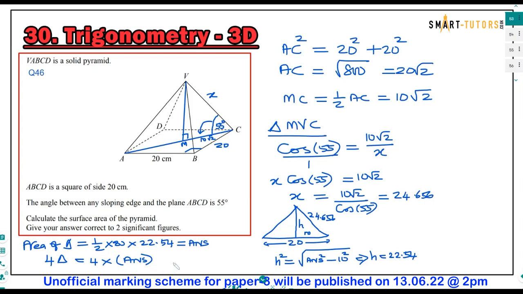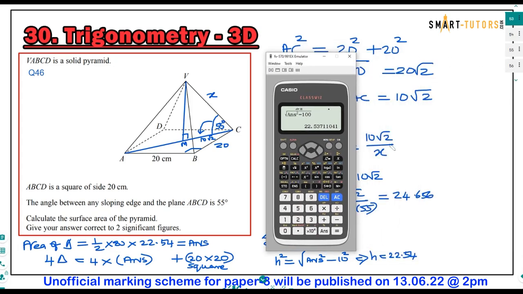Surface area means you need to add the area of the square, 20 times 20. So for the final answer, press the calculator: half, meaning 0.5, times 20 times the answer is one triangle's area, times 4 is the area of the 4 triangles, plus 400, which is the bottom square.